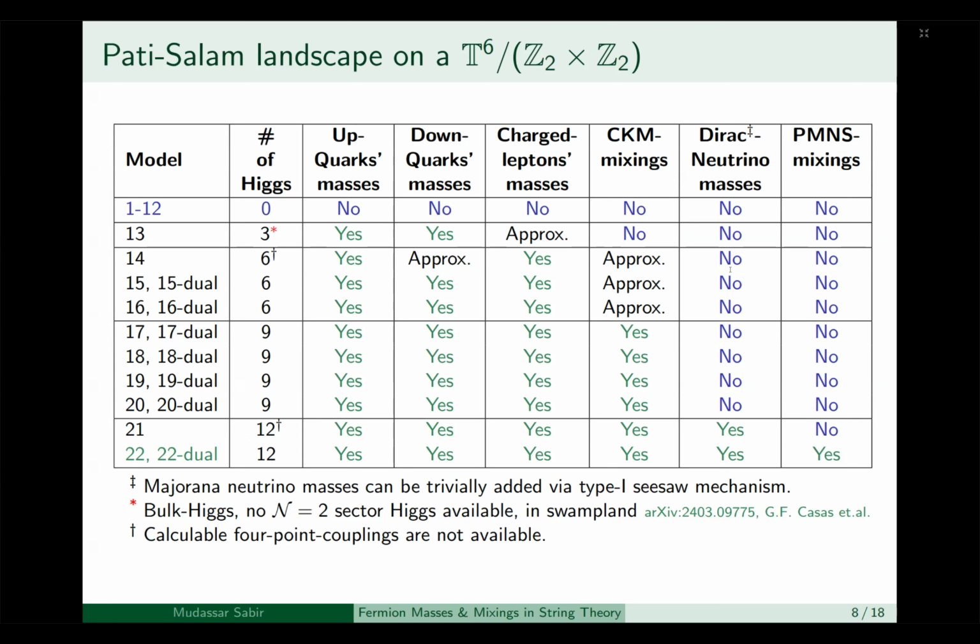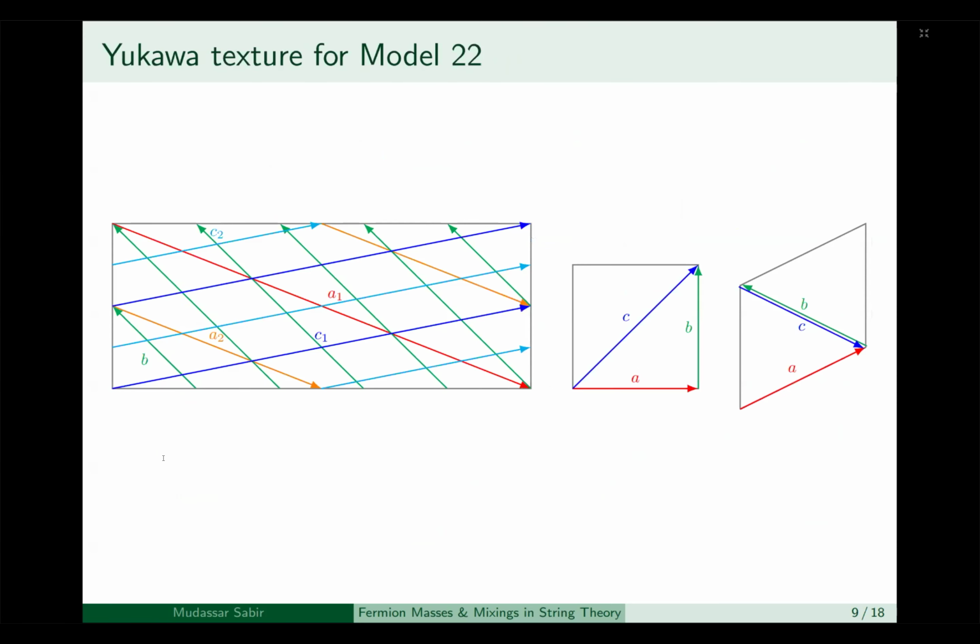And to explain the PMNS mixings, we need 4-point couplings. And 4-point couplings are only calculable for model 22 and its dual and the SU(2) exchanges. So I want to focus on the most realistic model, which is model 22.